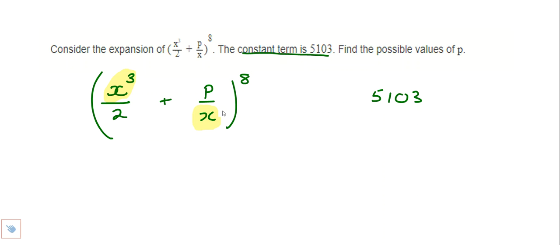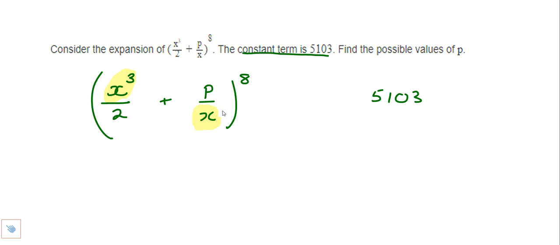You've got to be a bit more imaginative maybe. So that 3 can't change into another number. Well, remember when you do the expansion, this 8 will be split into 2 parts, and we'll have that bit to the power of something times that bit to the power of something. And however you split 8, you're going to raise that bit to the power, and then you multiply the powers.